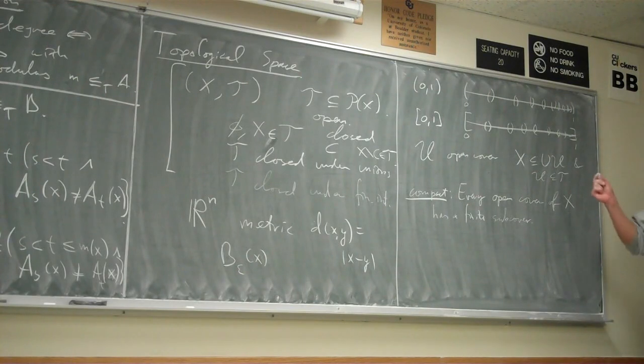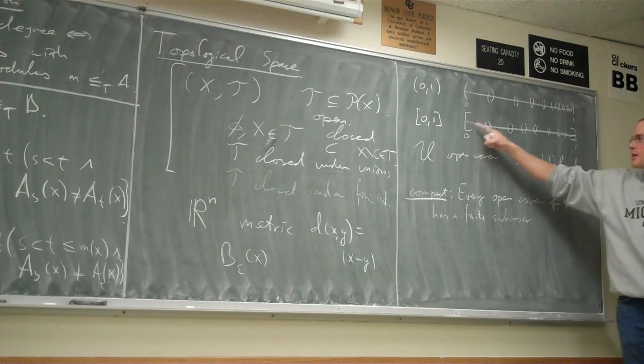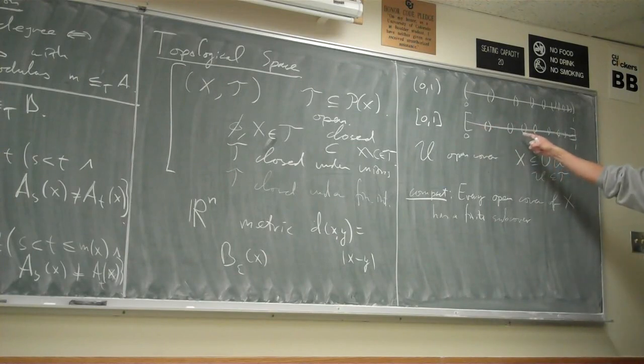There's one thing you can say that tells me exactly that you know what this proof is like. Look at those points in this interval such that the interval from 0 up to that point is covered by finitely many sets. Now look at the least upper bound of those points. If you make it up to 1, the whole thing is covered by finitely many sets and you're done.